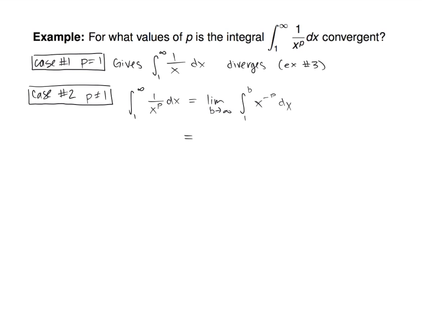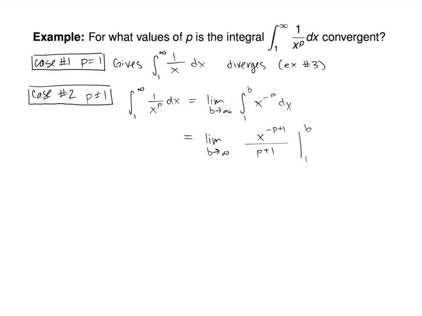So what's the antiderivative of x to the negative p? It's x to the negative p plus 1, divided by negative p plus 1. That is the same thing as 1 minus p, which I'm going to rewrite it that way.